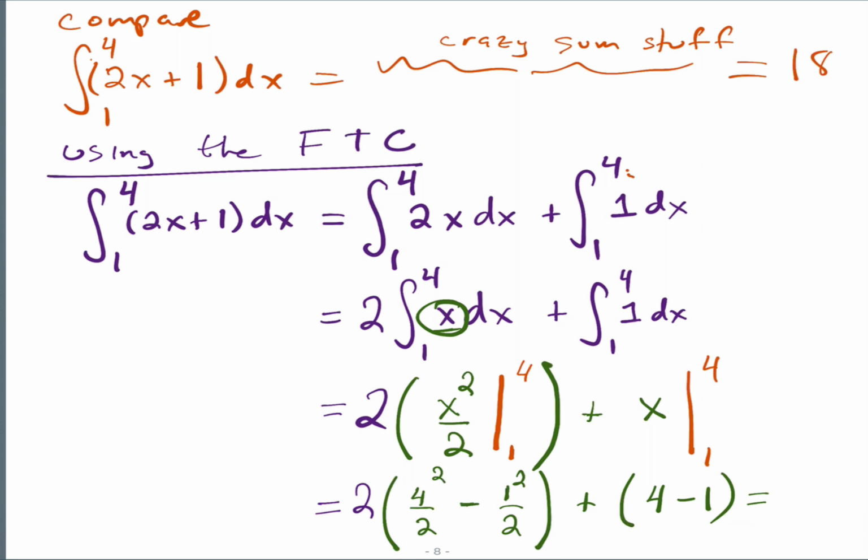So in the parentheses here, we're kind of running out of room here, but 4 squared is 16, over 2 is 8, minus, well, that's just a half, right? But then times 2, that's going to be 16 minus 1, so 15, plus 3, which is 18.